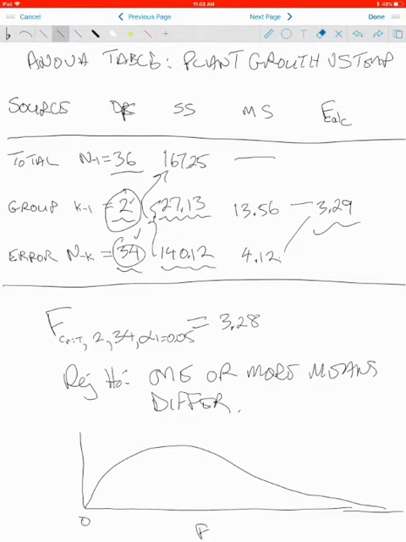This is the F distribution. You're setting up a rejection region with all alpha equal 0.05 sitting under this portion of the curve. Here's the critical value, 3.28. Our test statistic, 3.29, just falls inside the rejection region. So we reject the null hypothesis.